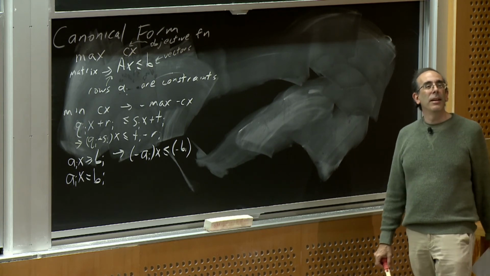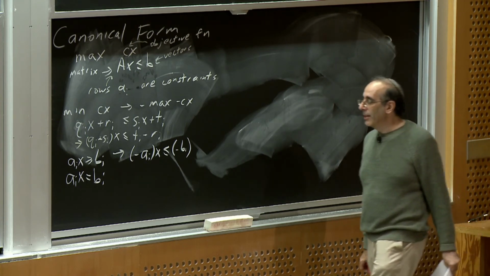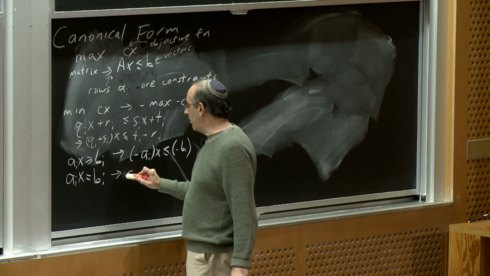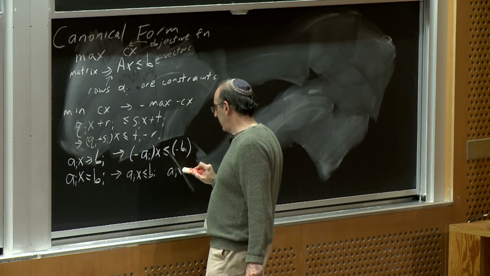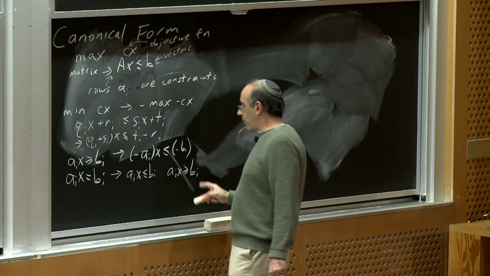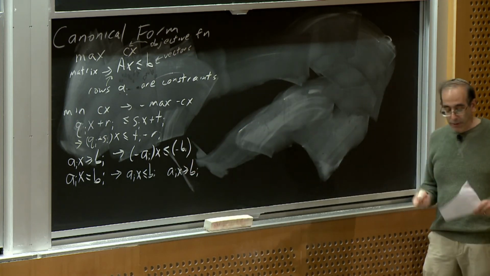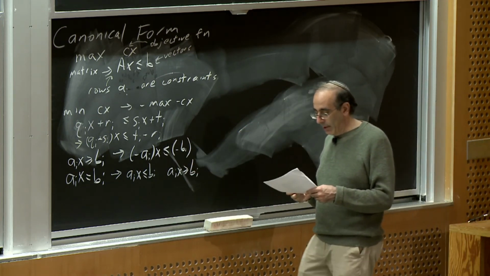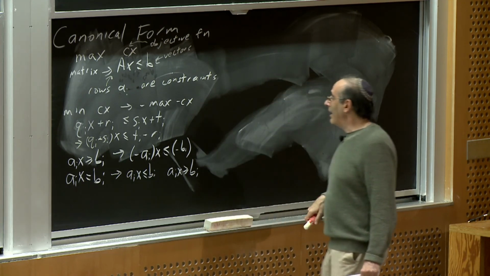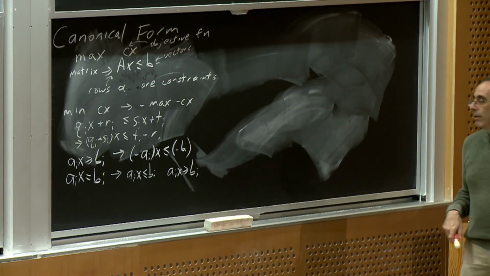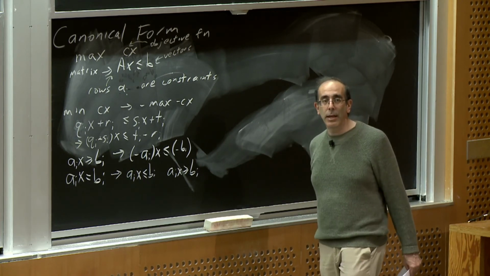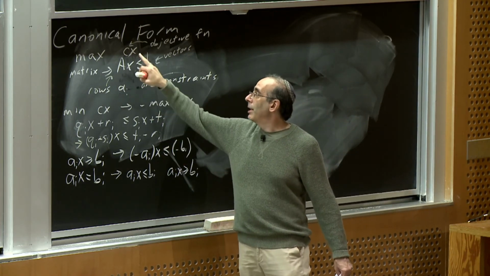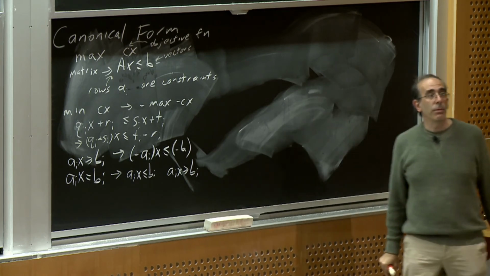Exactly. We just make two inequalities. And of course, we'll immediately transform one of them using the previous rule. Okay. So that is the canonical form. Right? Using these simple rules, we can transform any linear programming problem until it has this formulation.